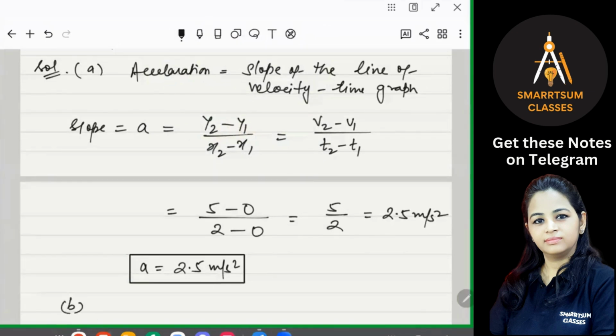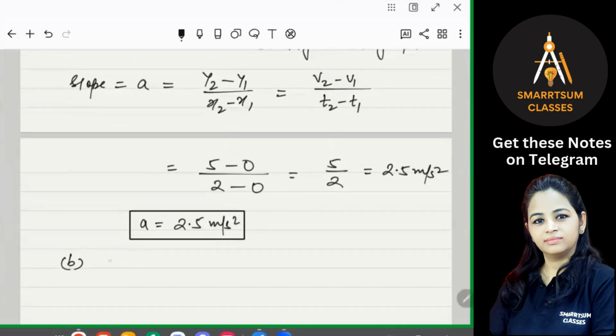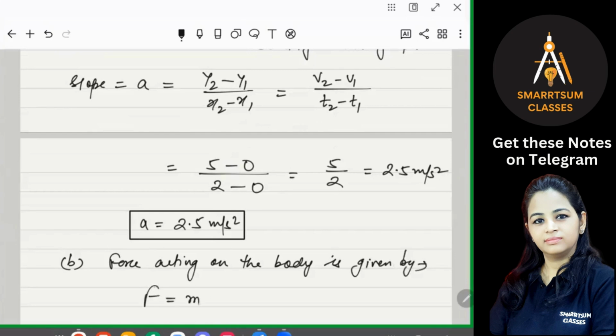B part. We have to find the force acting on the body. Now, what is the formula for force? Force is mass into acceleration, m into a, by Newton's second law.